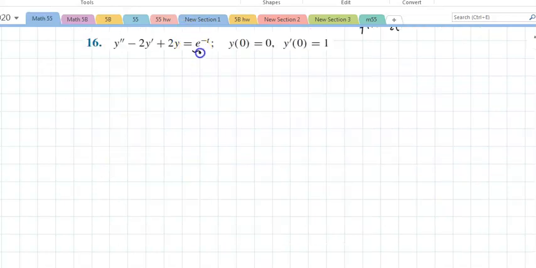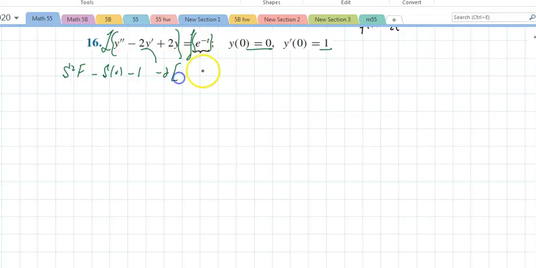And what if I have a non-homogeneous equation? I'll apply the Laplace transform. I will get s squared times f of s minus s times 0 minus a 1, minus 2 times s times f of s minus y of 0, which is 0, plus twice f of s.